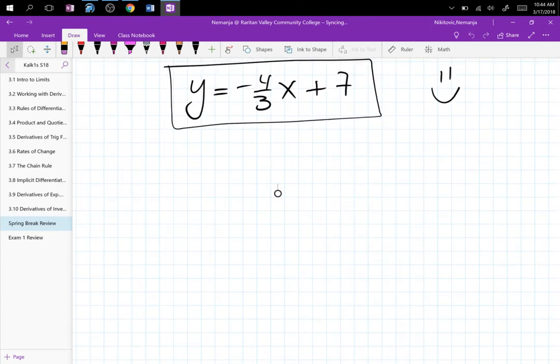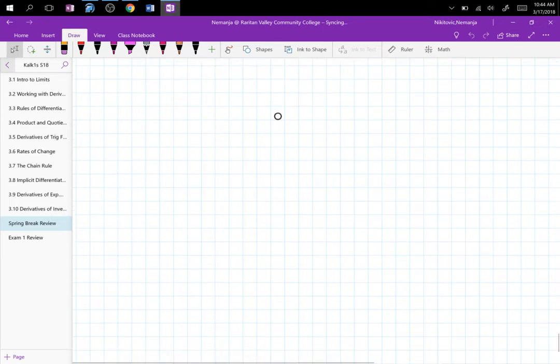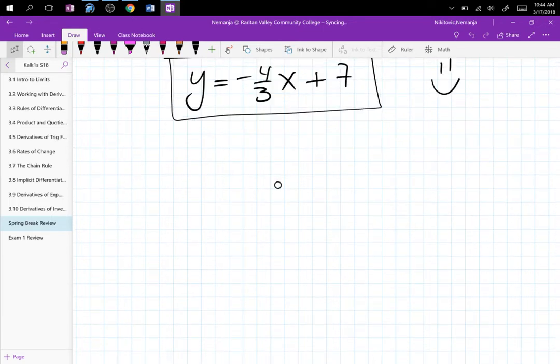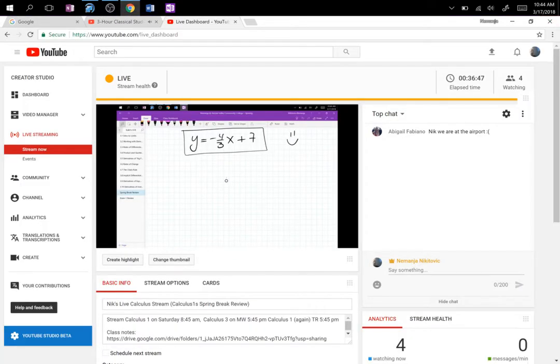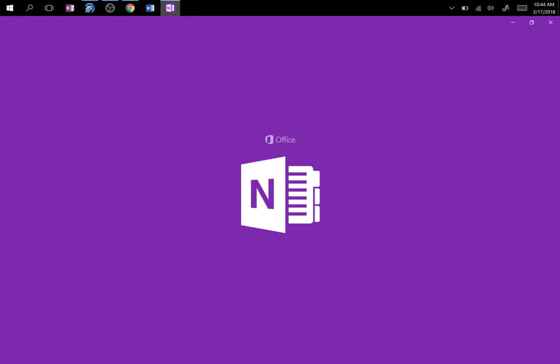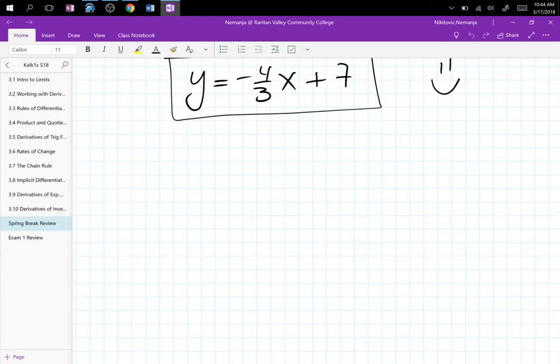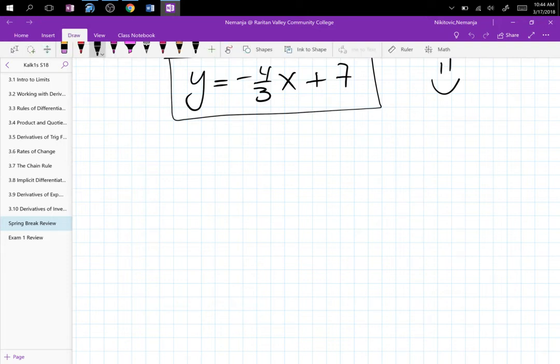Touch screen is not dead because I can use my finger. The pen is blinking, which means the battery should be okay. So, as with everything else in life that is Windows, you just restart. And things are still not working. I will put a new battery in. There we go. All right.